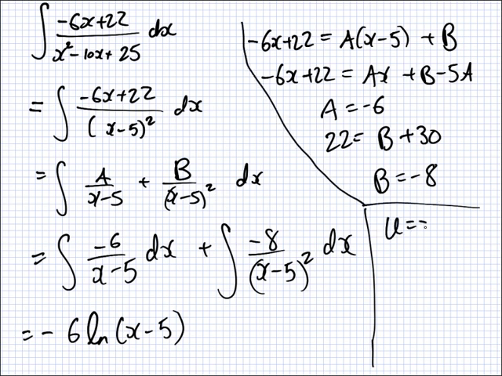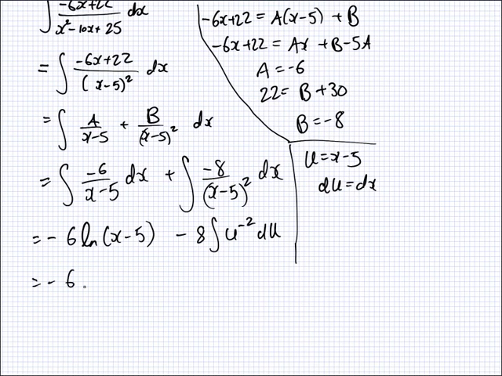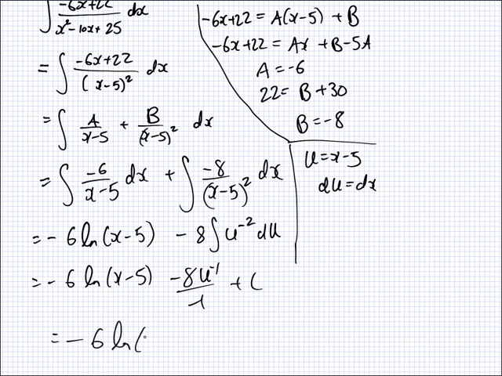Then du equals dx, because du/dx is 1. So this is minus 8 integrate u to the minus 2 du. So this is equal to minus 6 log of x minus 5 minus 8 times u to the minus 1 over minus 1 plus c, which equals minus 6 log of x minus 5 plus 8 over u plus c. That's the answer.